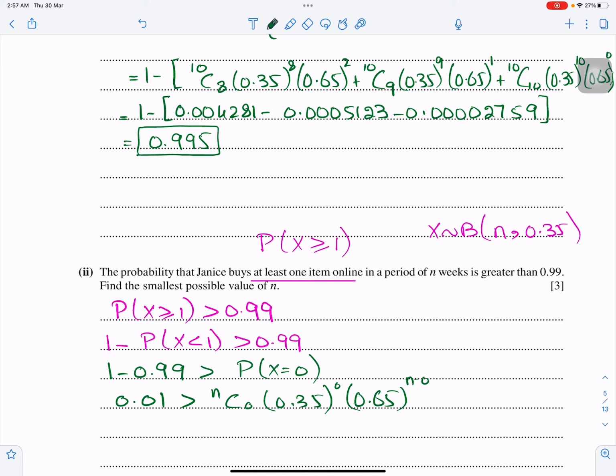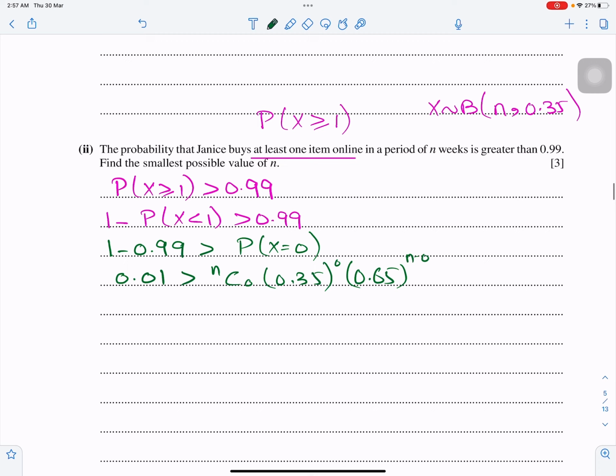Okay, so now it will become 0.01. You can use the calculator and you will get 0.65 power n. Now to get the value of n, which is in the power, I will take ln on both sides. When I take ln on both sides, now the sign reverses. So it will be ln 0.65 power n. Now you will apply the power law.